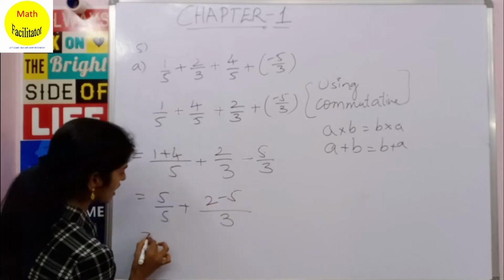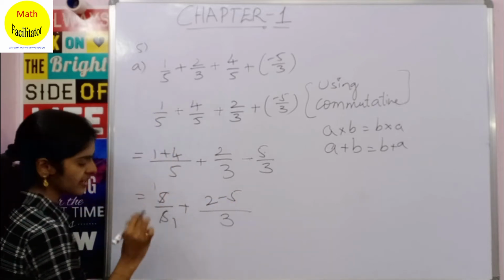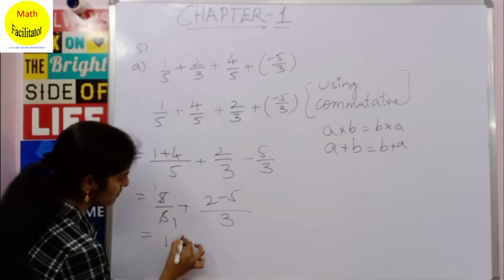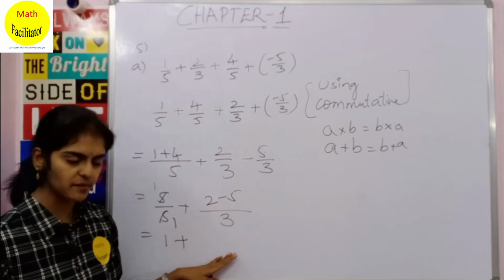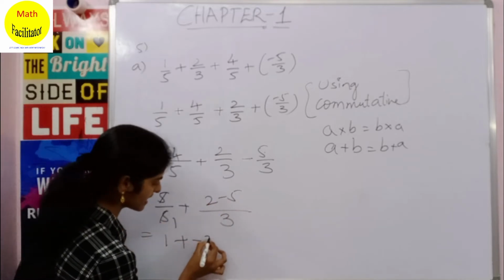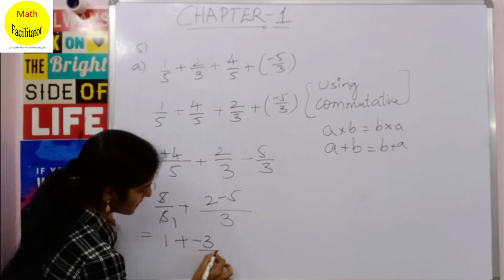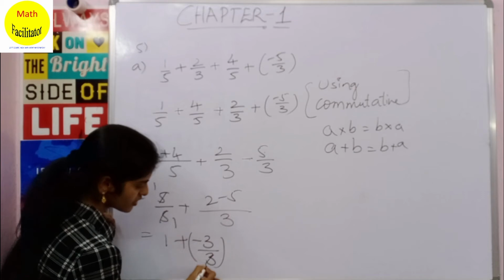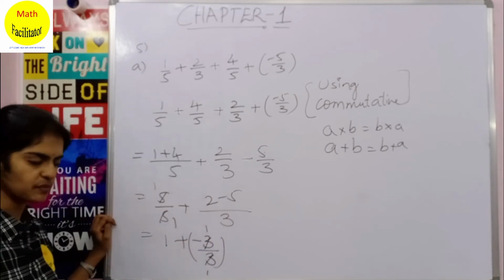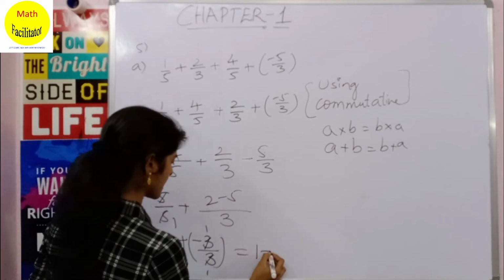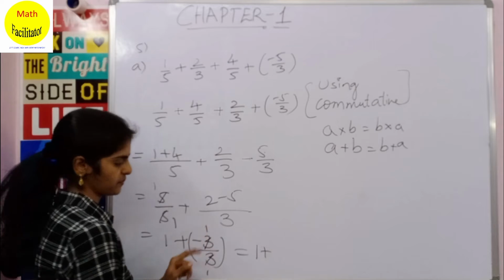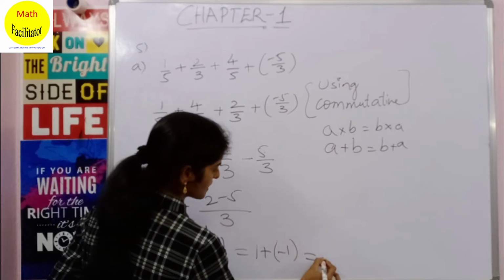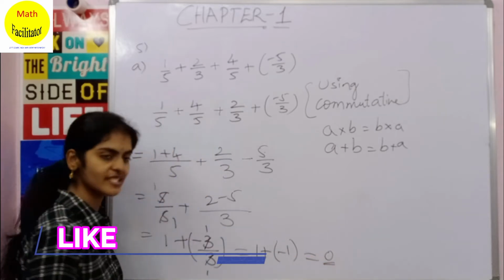Now 5 by 5 is 5 ones are 5, 5 ones are 5, so here you have 1 plus, now 2 minus 5 by 3, 2 minus 5 is minus 3, by 3. So it is 3 ones are 3, 3 ones are 3. Clear? So this is 1 plus, here you have minus 1. So 1 plus minus 1 is 0.